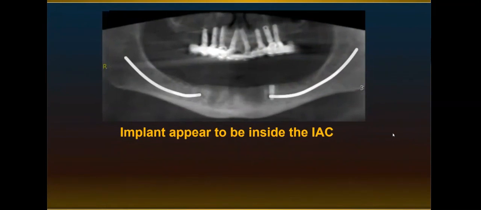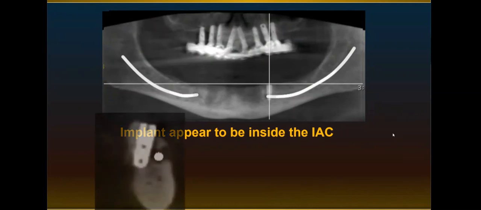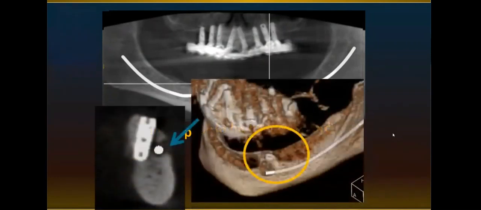So when we take a cross-section to see this canal and the implant and check it from the buccolingual dimension, we can see that the implant did not injure the mental foramen or the nerve, although it's not in a good position. But at the end of the day, what we got from the panoramic image is totally different than what's happening in reality.